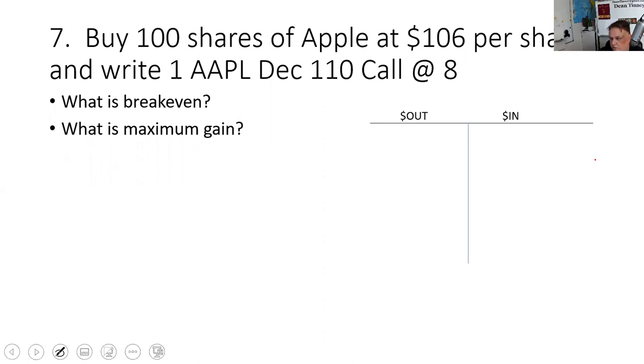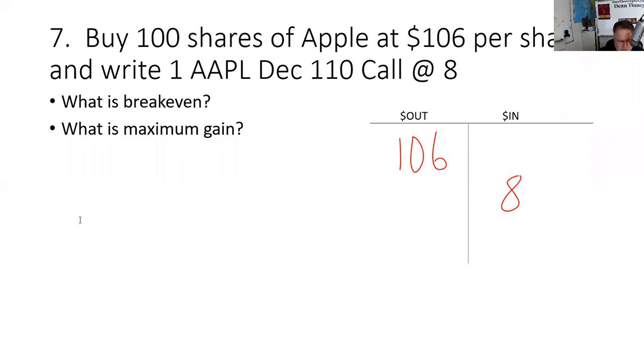So on a covered call or buy right, what is the break even? This is the one time and the one time only you have an option position, a call position, where you're not adding, you're actually subtracting.